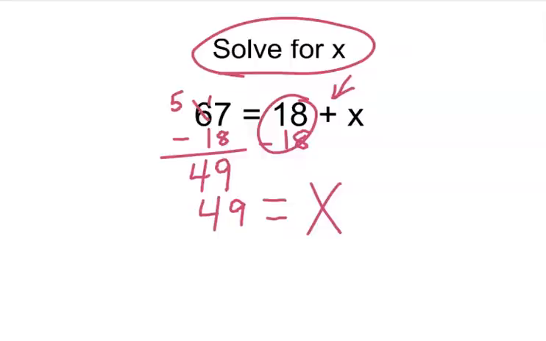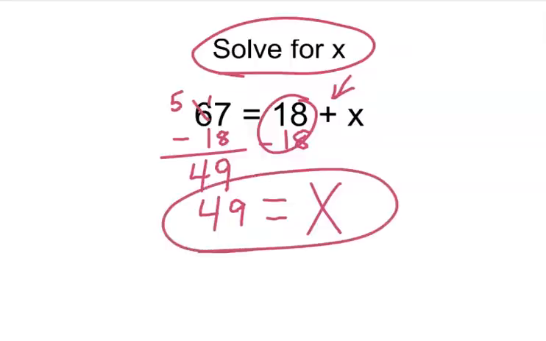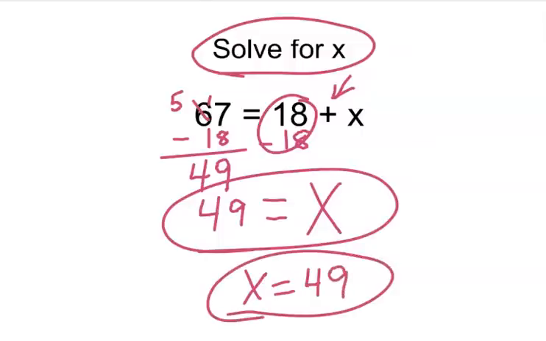Just put 49 plus 18 and see if that gives you 67, and it does. Okay, so 49 equals x, or x equals 49. You can write it either way, and that's fine. I like it better that x equals 49 first, or with the variable first, but you can do it either way, and that's fine.